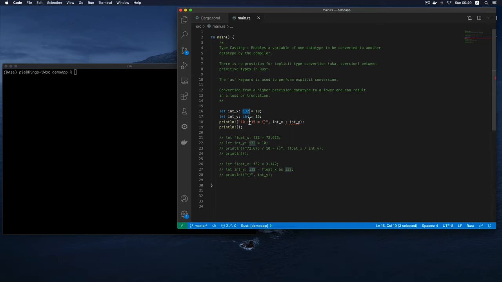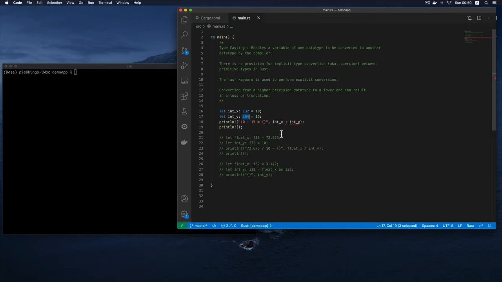The reason is that the plus operator wants to operate on operands that have the same data type. And so at this point, we have to cast one of the values to the data type of the other so that the operator can work. Over here, you can see that S is i32 and Y is i64.